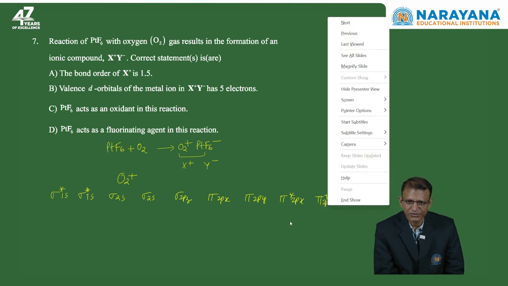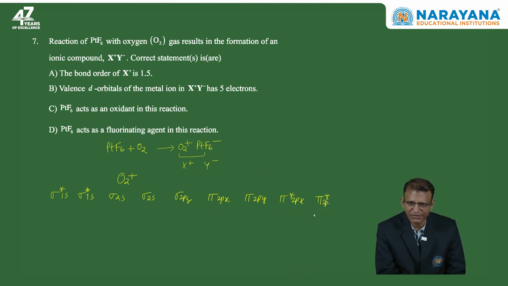If we try to fill the electrons, 2 electrons in each, then sigma 2pz has 2 electrons, pi 2px has 2 electrons, pi 2py has 2 electrons, pi star 2px and pi star 2py has 1 unpaired electron each, right?